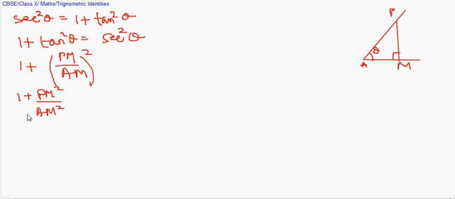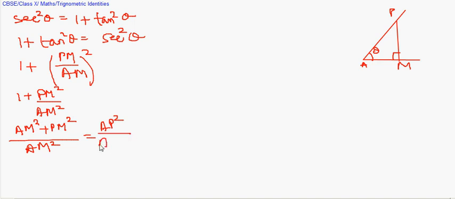So we'll be getting AM square plus PM square by AM square. Again, AM square plus PM square is again giving us AP square by AM square.